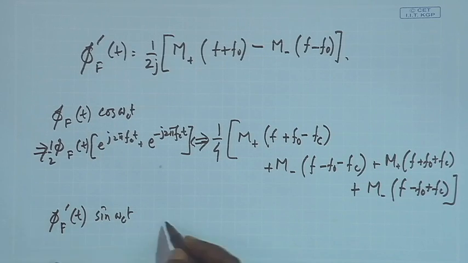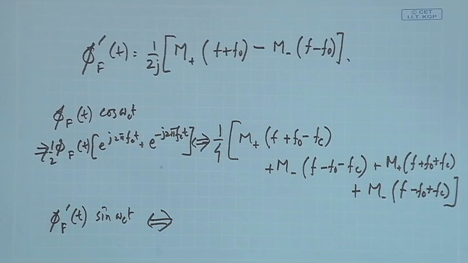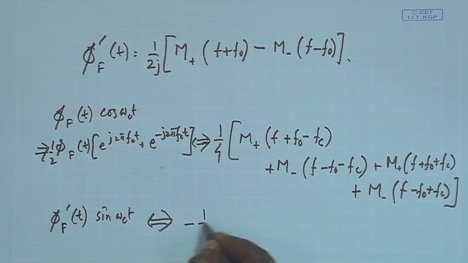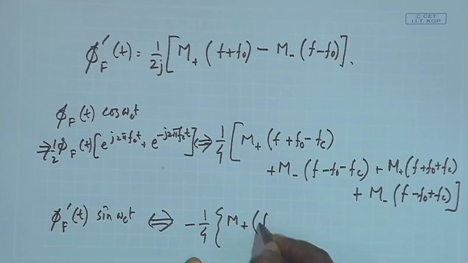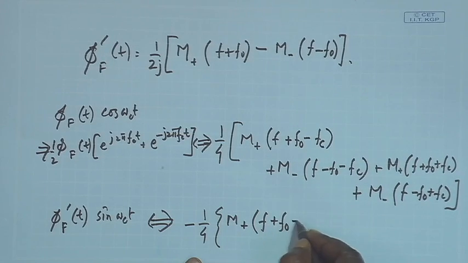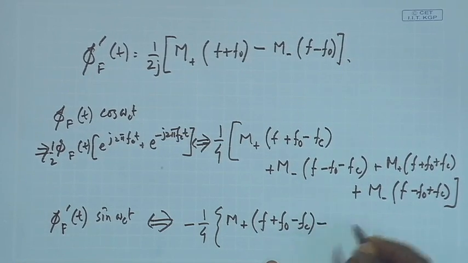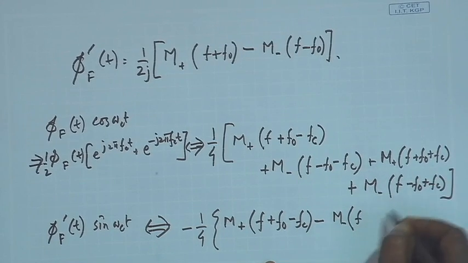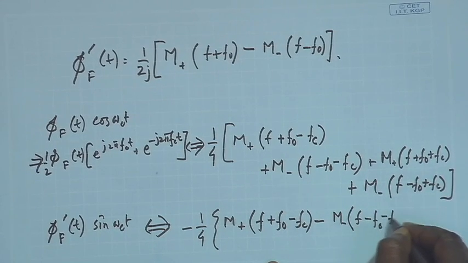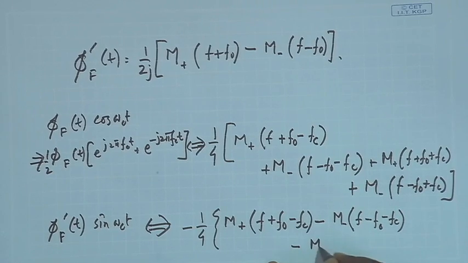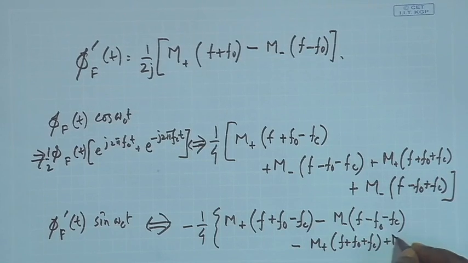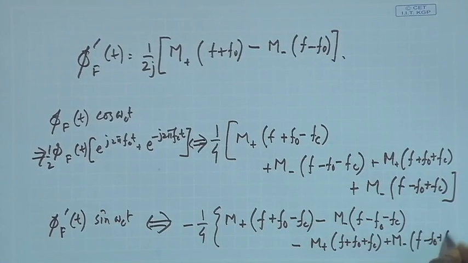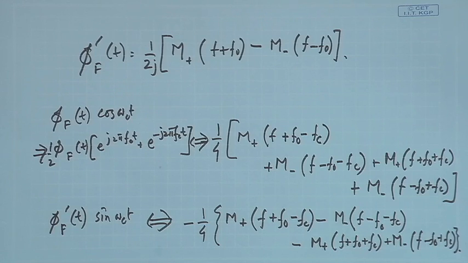If you write that and again do a Fourier transform, what you will get is minus 1 by 4, and then the terms will be, with the same translation, m plus f plus f0 translated at minus f c, minus m minus f minus f0 minus f c, and then another minus m plus f plus f0 plus f c, and then m minus f minus f0 plus f c, right. So, this is what we get.